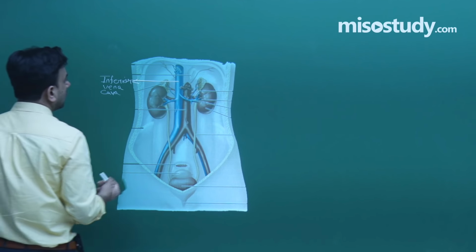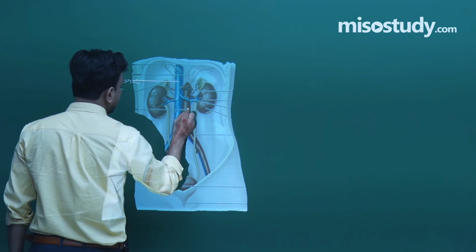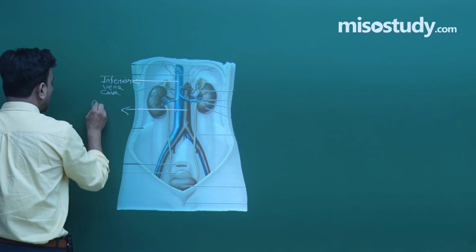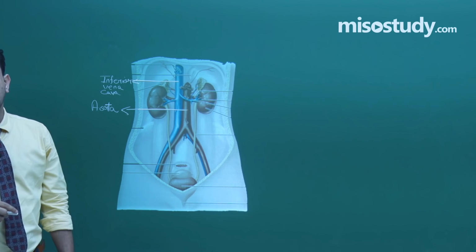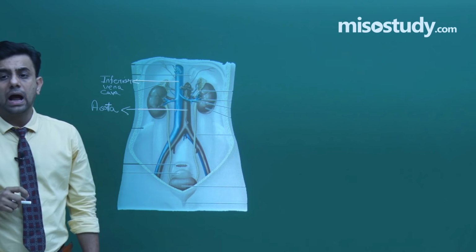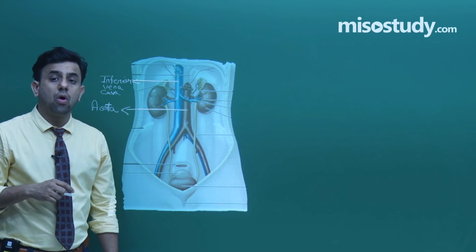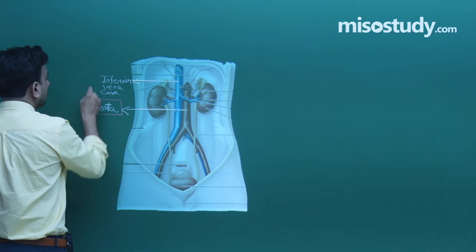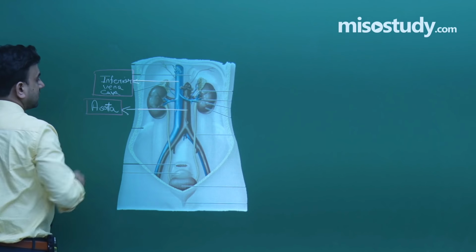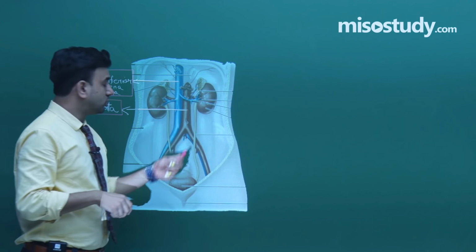Now what is this? This is the aorta. We know what the aorta is. The aorta comes out from the left ventricle and gives oxygenated blood to all the organs of the body. What else? As I told you, this is the ureter.